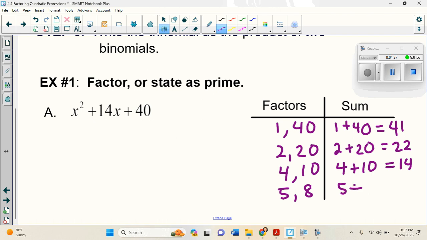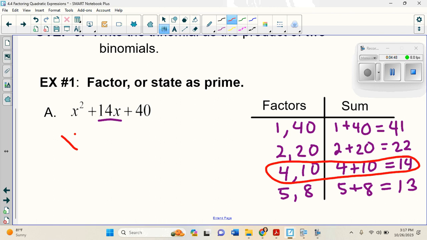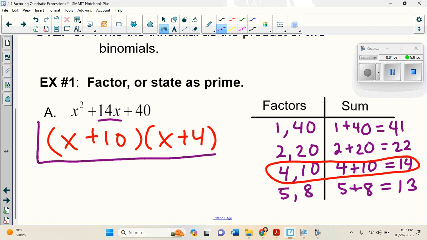And 5 plus 8 is 13. So of these factors, the only ones that give me 14 are 10 and 4. So my factors are x plus 10 and x plus 4. So we just factored, it is not prime.